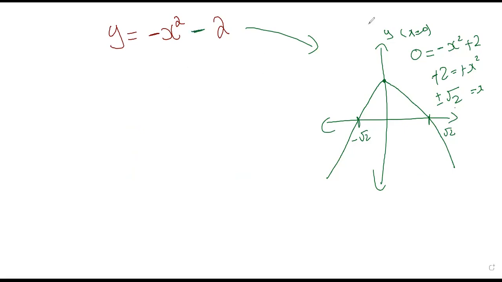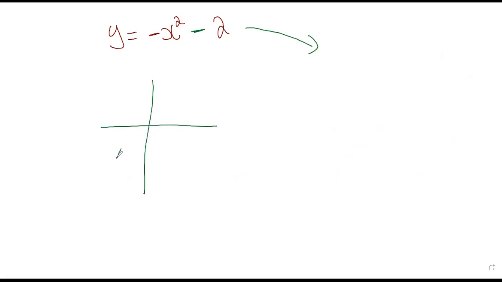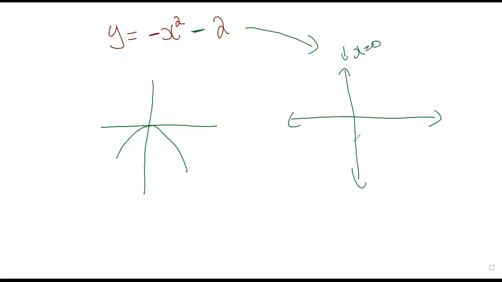Now initially, let's do it again by thinking of the simple graph and then transforming it. So minus x squared would be like this, right? And at the y-axis, x is 0, so it is minus 2. And it would be a downward shaped graph.